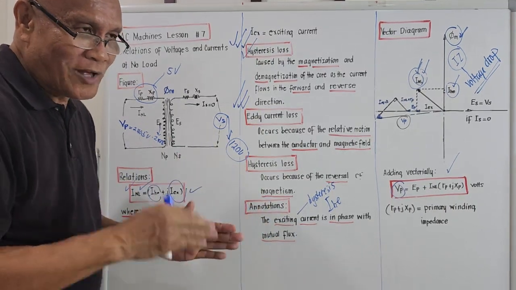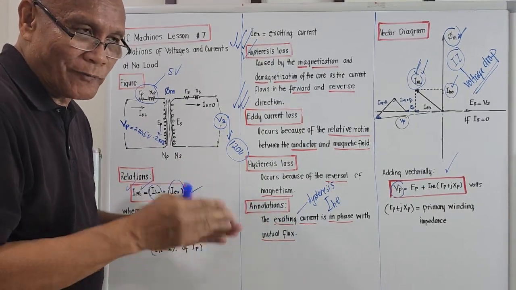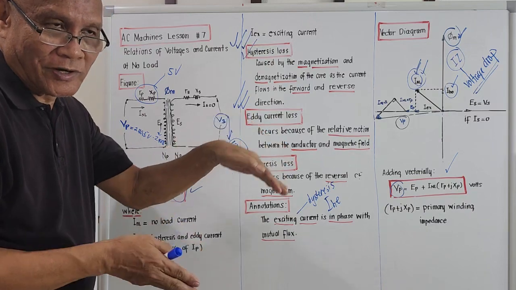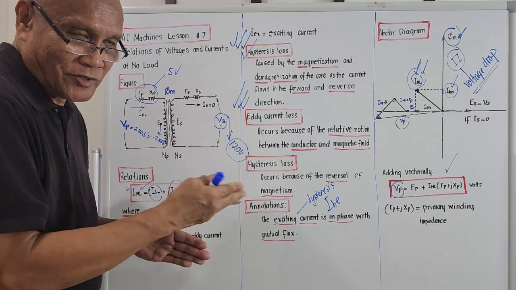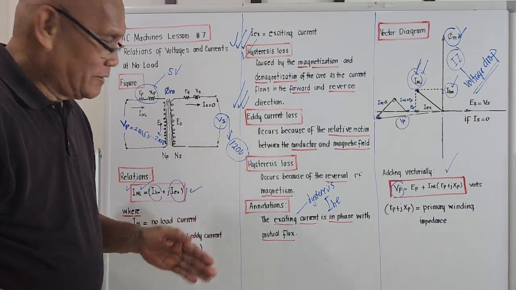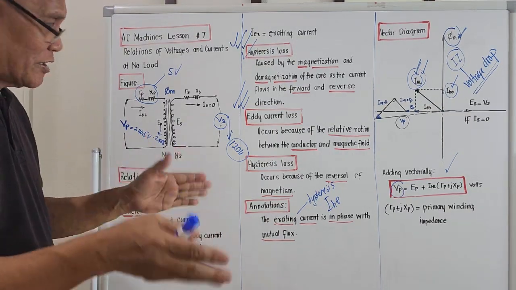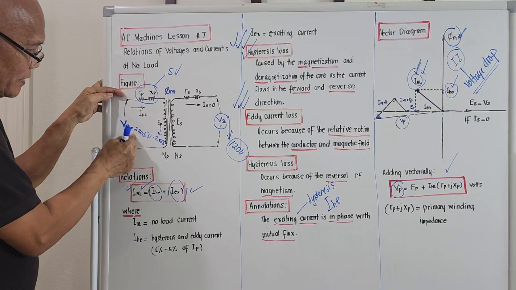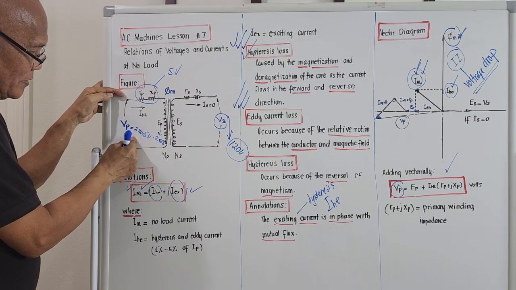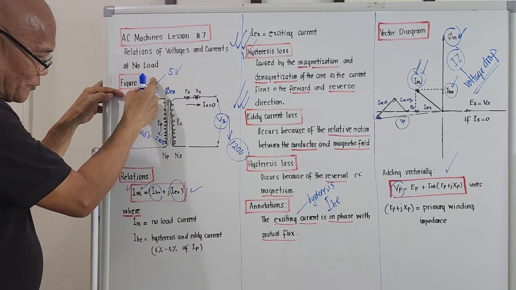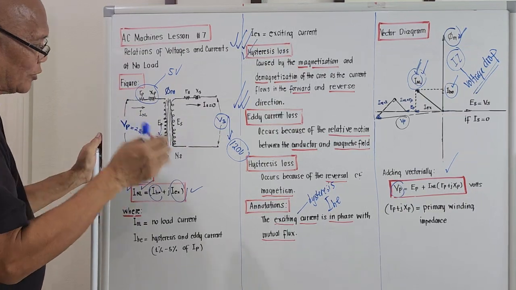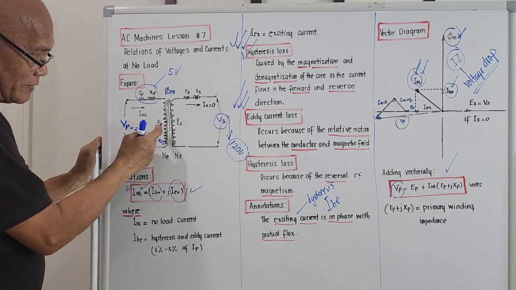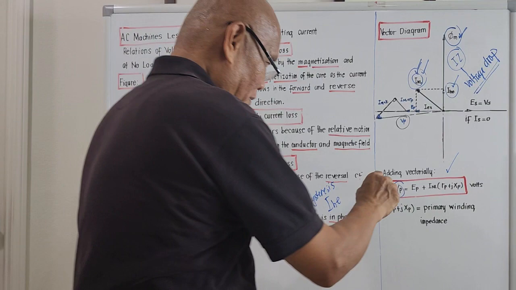So actually, you will know what the output voltage of the generator will be before it is fed to the transmission line. The logic is the same as here. The applied voltage on the primary should be greater. As it passes through R sub P and X sub P, it will be lessened. So actually, V sub P is bigger than E sub P. It is this equation here.